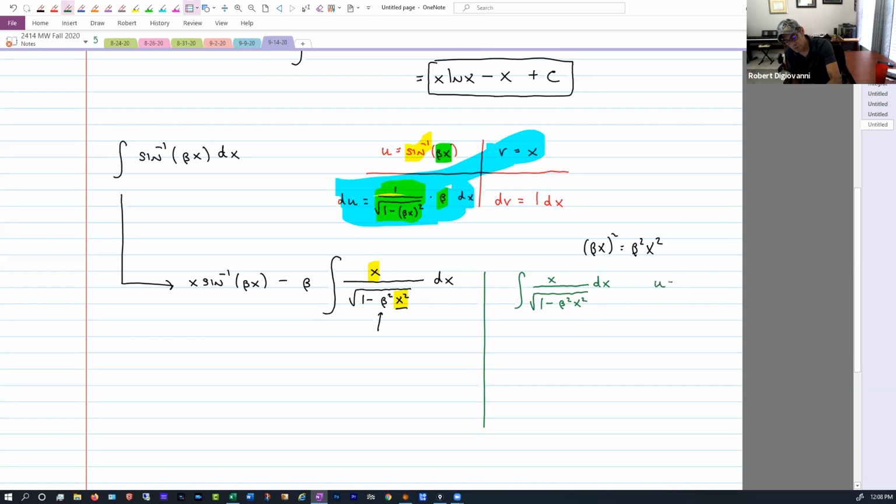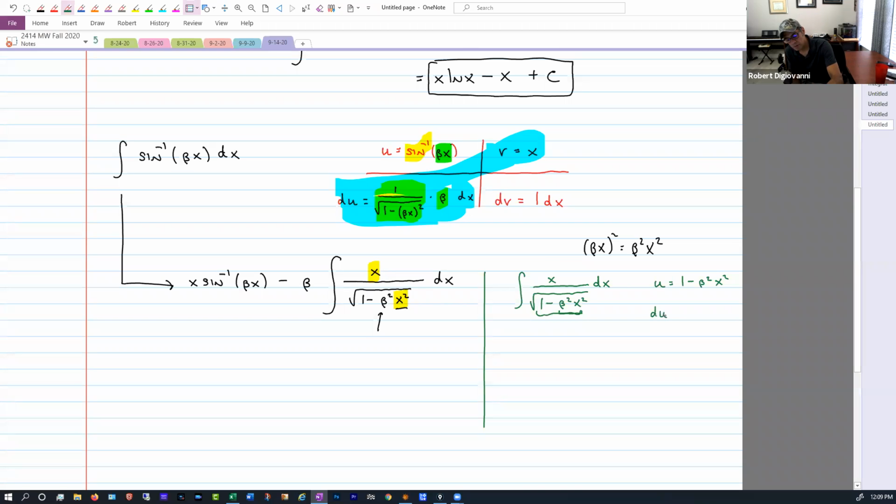I'm going to let u be beta squared x squared, that entire thing down there. How about we grab 1 minus beta squared x squared? Grabbing that 1 with it wouldn't change anything, because the derivative would still be just a constant in front of x.